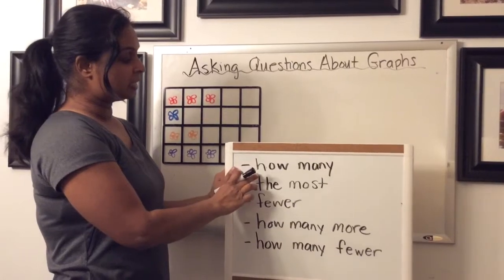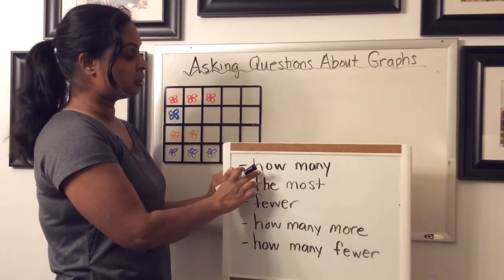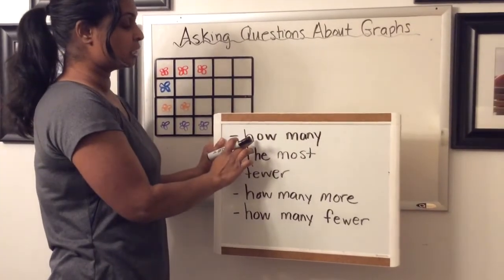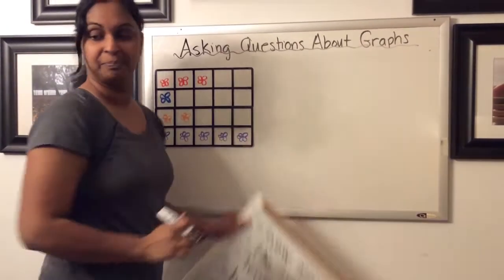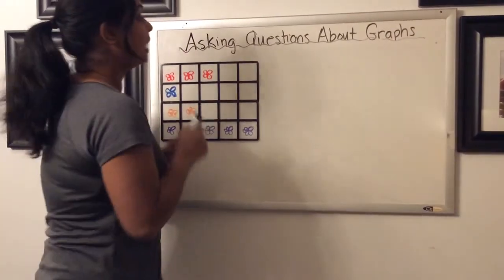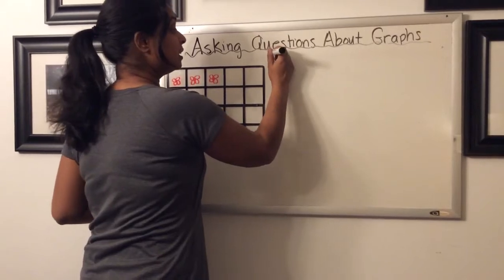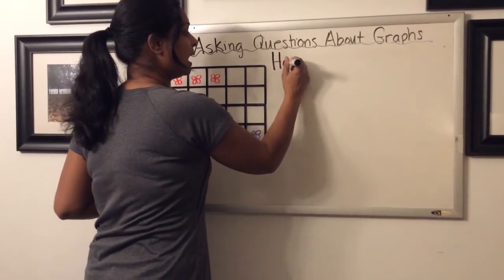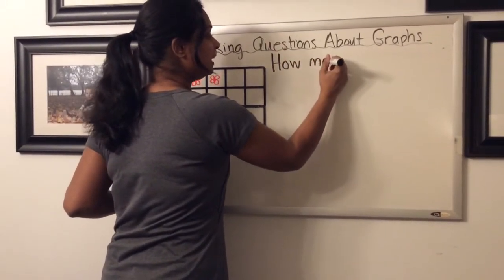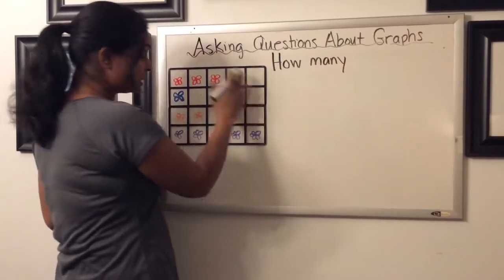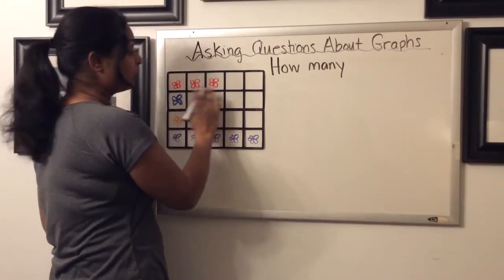So your first example is they want you to write a question using the words how many. Okay, so I can start my sentence with that and I can say how many, and then I can just pick one. So I think I'm going to talk about the red one.